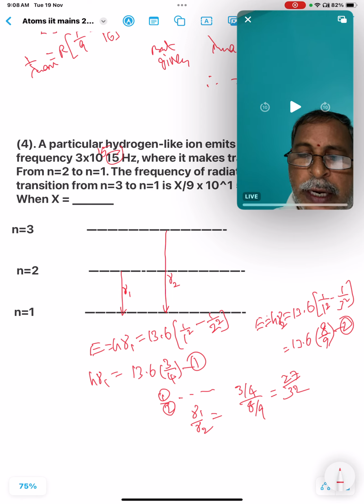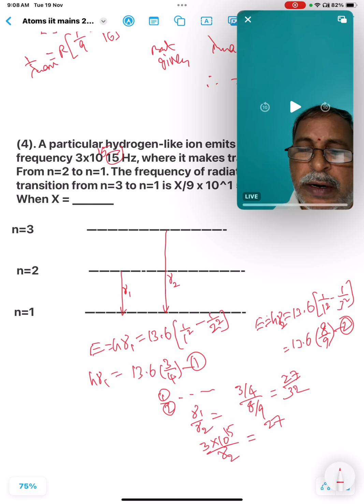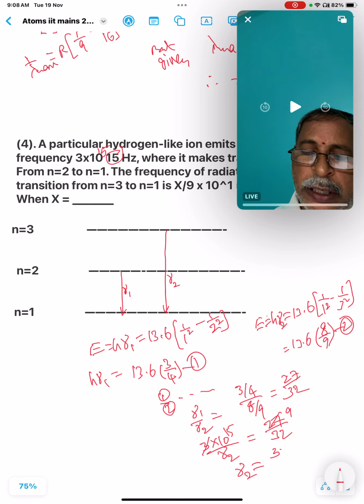Now frequency nu 1 equals 3 into 10 to the power of 15, divided by nu 1 by nu 2 equals 27 by 32. So 3 ones, 3 nines, you will get nu 2 equal to 32 into 10 to the power of 15 divided by 9.